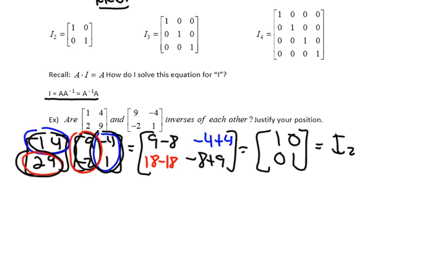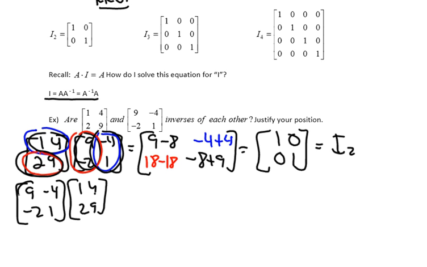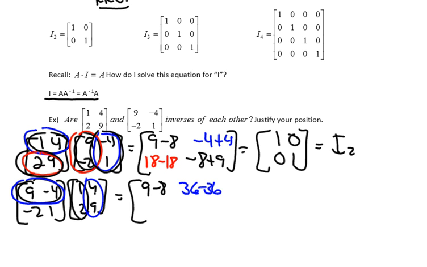But we're not done yet. I must now multiply the matrices in the other direction to make sure that they're inverses. So here again, we've got 9 minus 8. Here we have 36 minus 36.